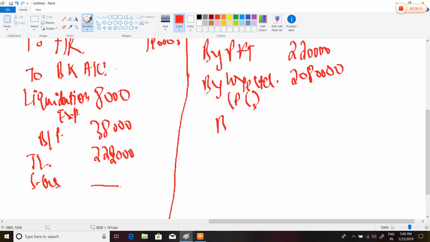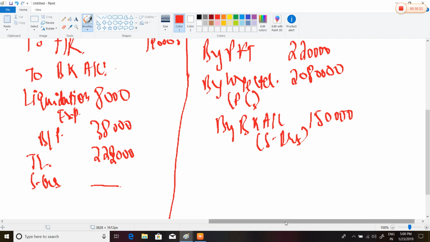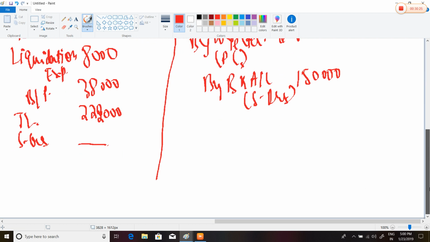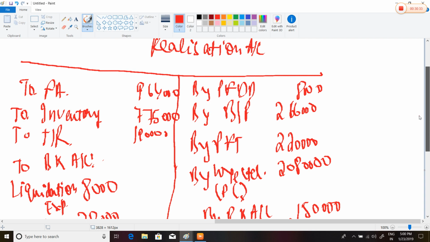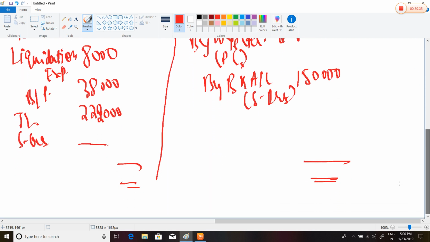Then by bank account, realization of debtors, sundry debtors, 1,50,000. The space is again over. I hope you all must have noted till here.